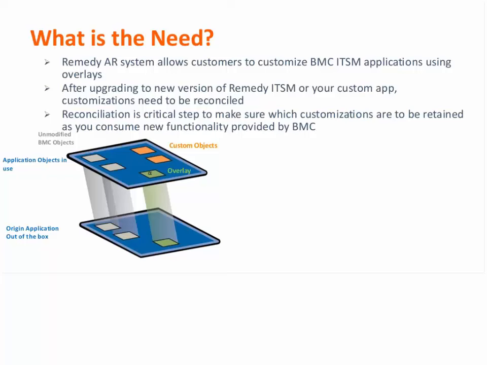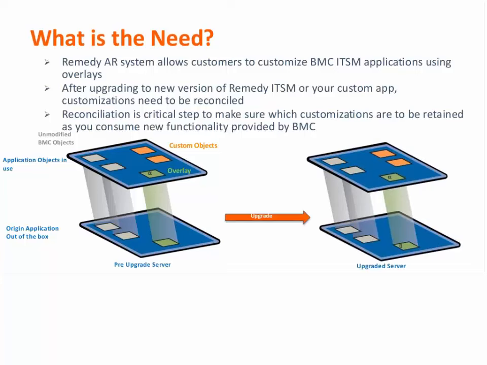In this slide, I am showing an overlay with an alpha, which is basically a customization that you have done to your overlay. When you are upgrading, as BMC has said that it will not touch your customization, your customization remains intact, which is the alpha.